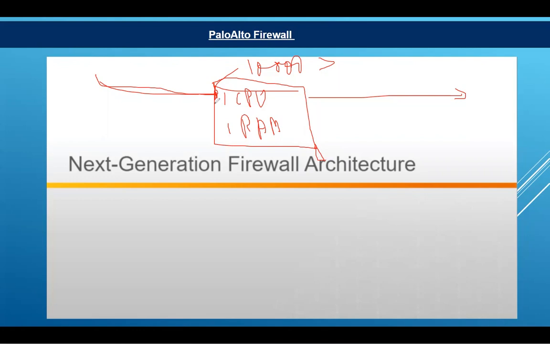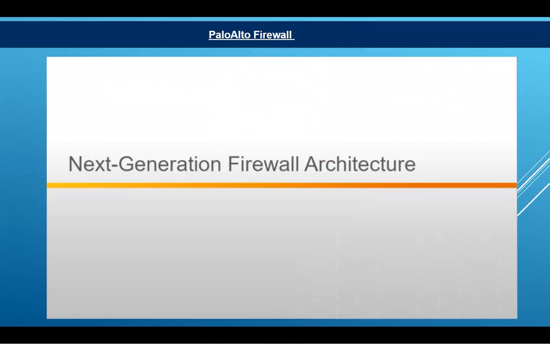This is the issue, because CPU utilization is 100% and RAM is 100% used, so we cannot manage it. In this case, Palo Alto has a different CPU and different RAM. We have three different platforms in the case of the Palo Alto firewall. Now, guys, let's see that.